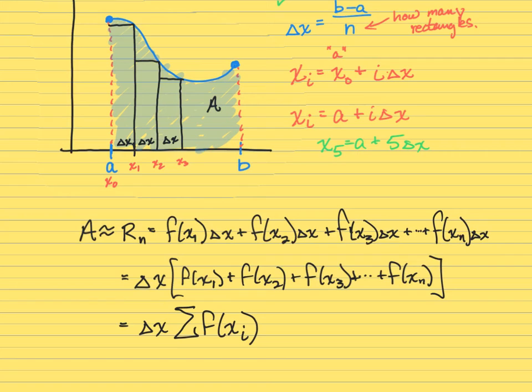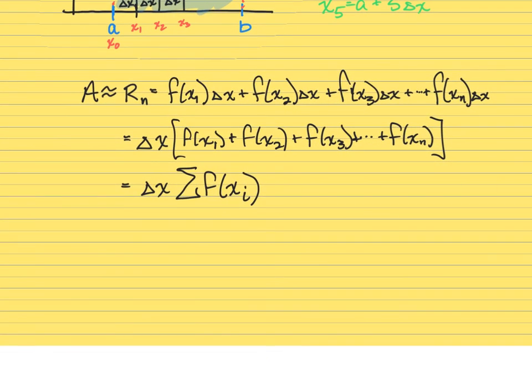Now the left endpoint rule would be using the left ends. So let me just write down what that would look like. I need to add this real quick. This summation should go from i equals our first to our last. Now, if I use the left endpoint rule, I'm going to use L sub n, the area of the n left rectangles.